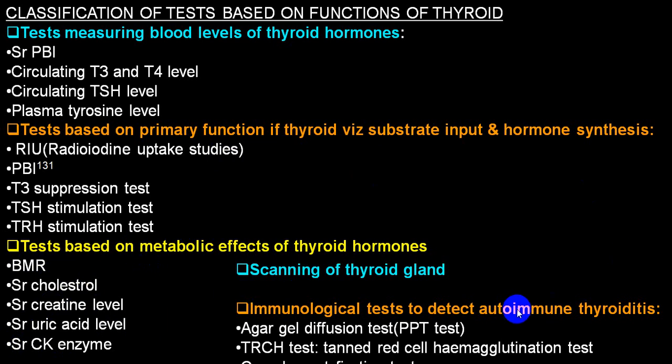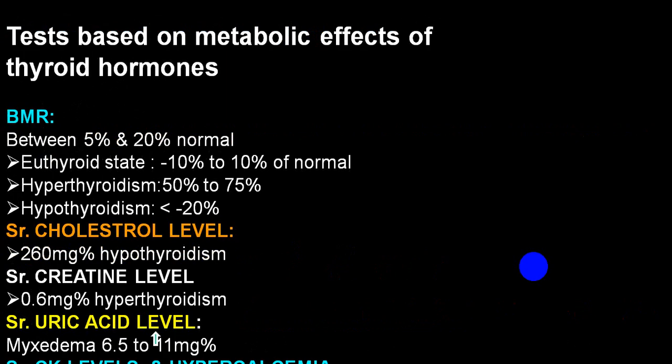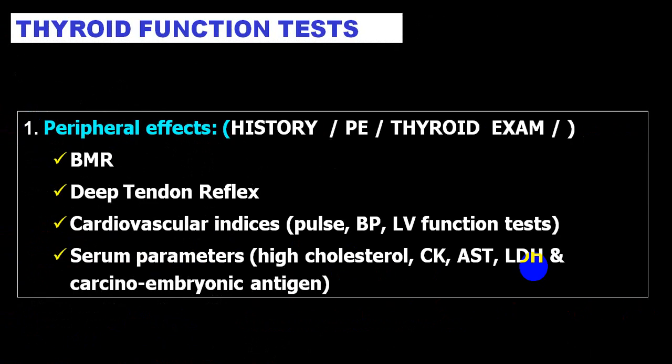To find out autoimmune thyroiditis, you can go for tests such as agar gel diffusion test and tanned red cell hemagglutination test. You can also go for different types of antibodies. We already told you TPO antibodies, TRAb antibodies, and thyroglobulin antibodies. These are the common ones being done.